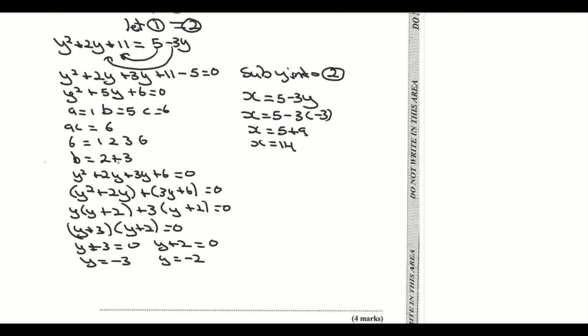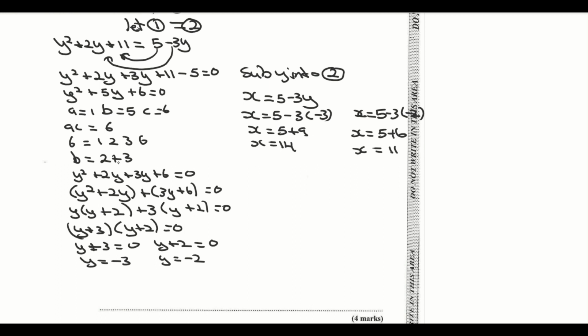Right, then you're going to let y be equal to minus 2. So x would be equals to 5 minus 3 by minus 2. That is x is equals to 5 plus 3 by 2, which is 6. So x is equals to 11.